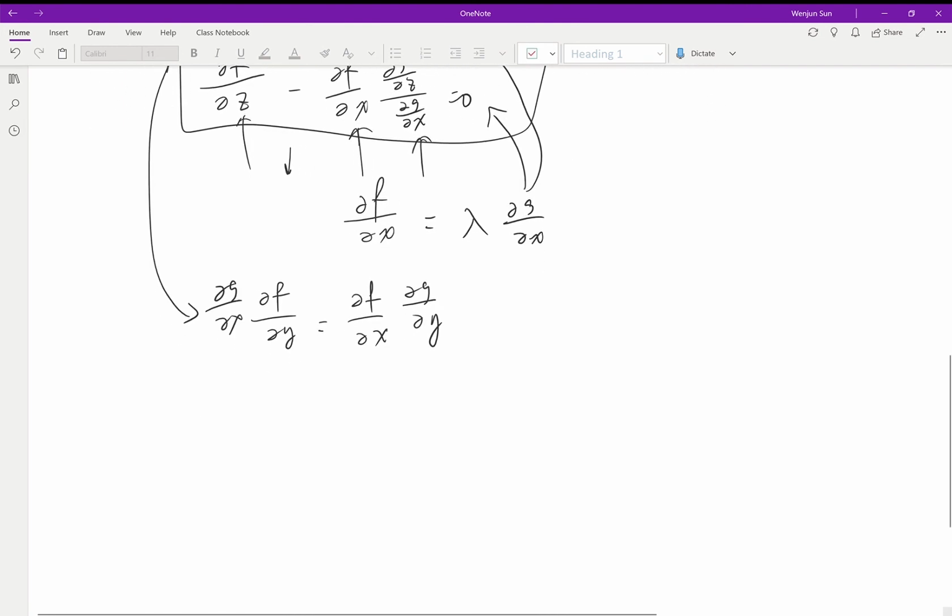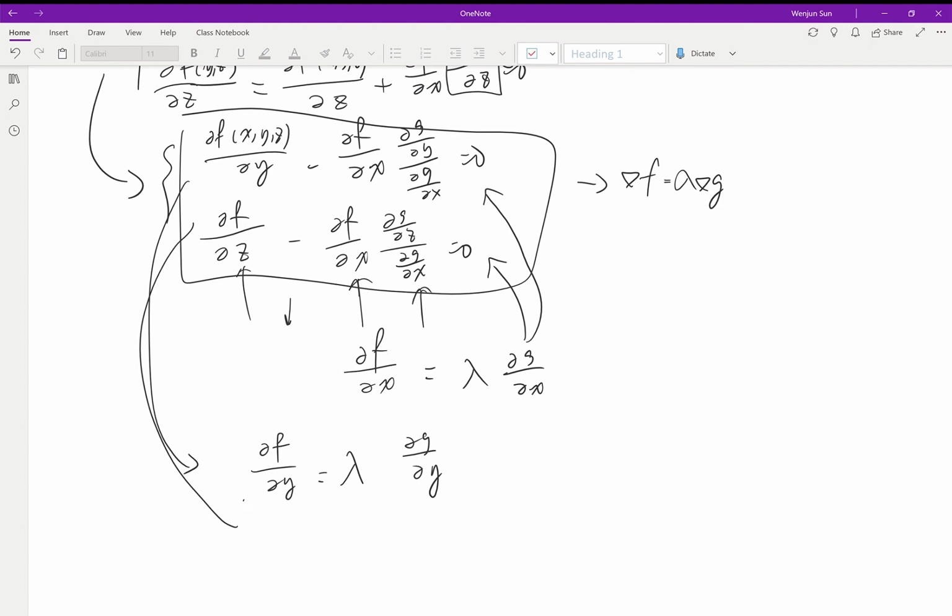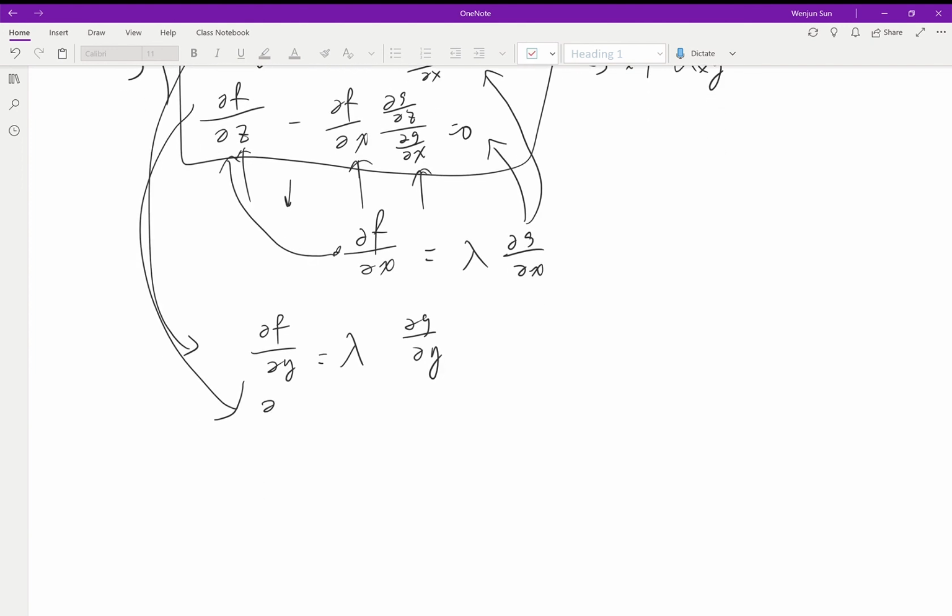Now we have del f over del x. Now this quantity is lambda times this quantity, right? So ultimately, it's going to be lambda del g over del y, right? And then we just cross this out. We got that, right? And by the same token, if you plug this condition into the second equation, we get del f over del z equals lambda del g over del z, right?